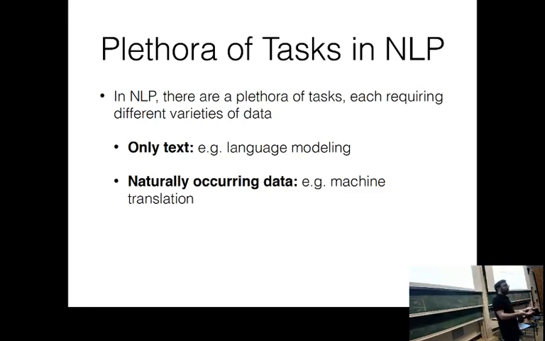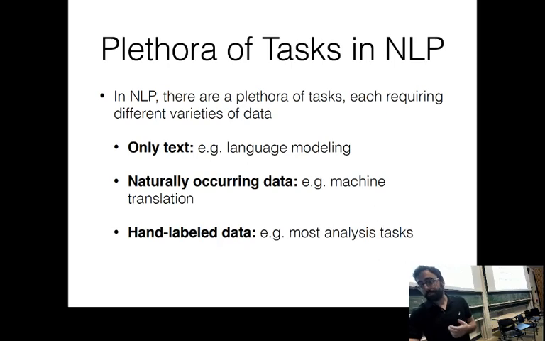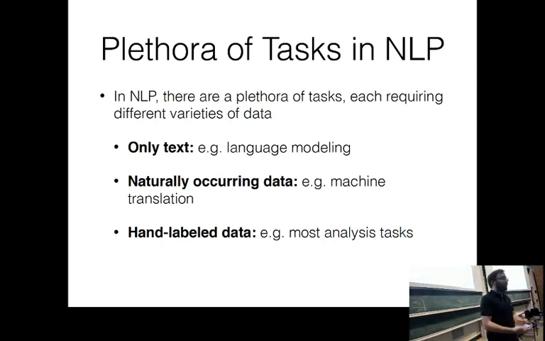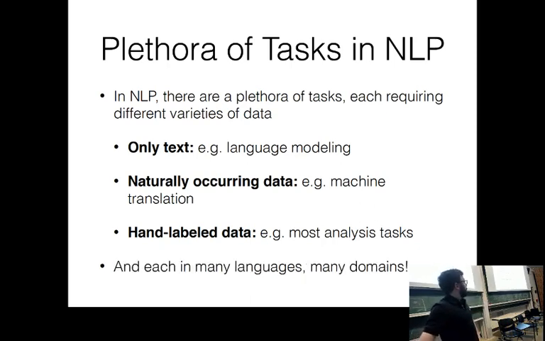If you're doing machine translation, people have been creating parallel corpora even involuntarily, and that's another signal you can get from naturally occurring data. Or you might be using hard label data, which includes most of the analysis tasks. When you do part of speech tagging, these labels were created by linguists or trained annotators, and almost all of those tasks require this type of data.